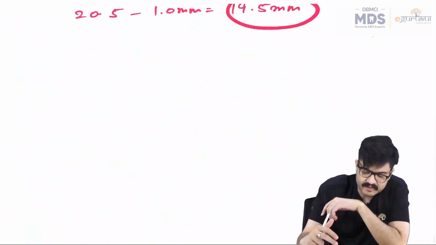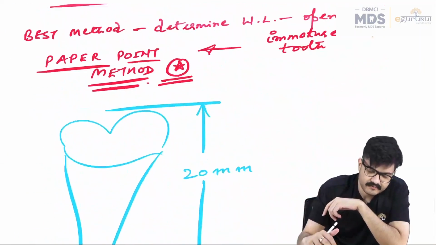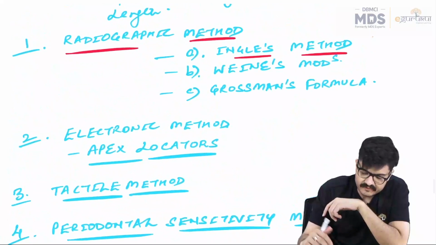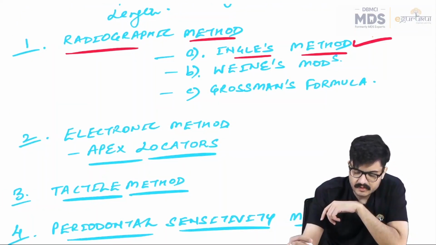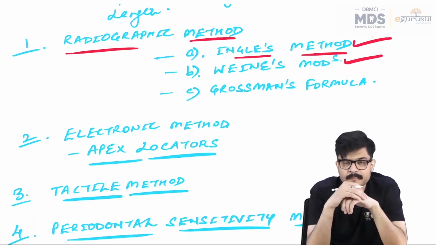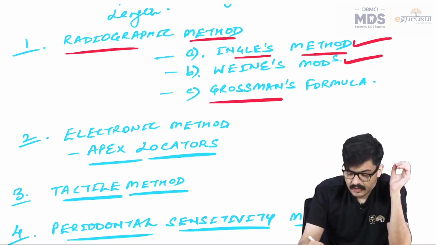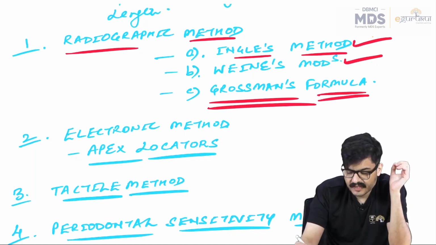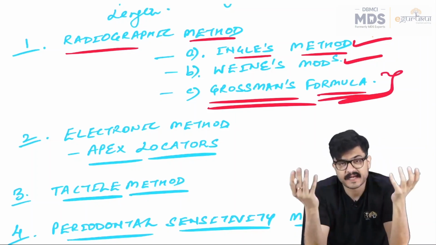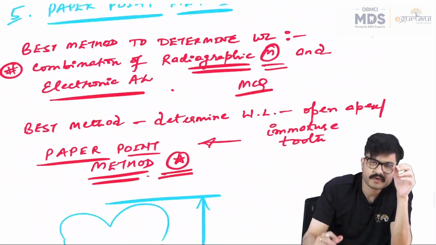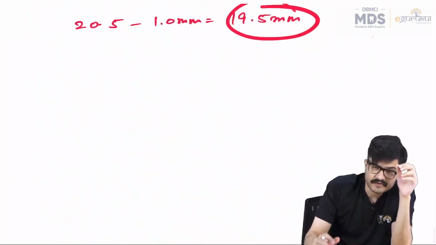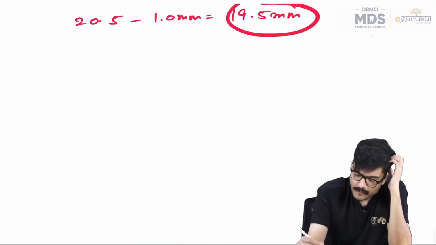The second method is the Wien's method, which we have already discussed, friends. So Ingle's method is done. Wien's method we've done. Then we have the Grossman's formula. Again, very interesting. First of all, we'll see the formula and then I'll tell you the logic behind it. Grossman's formula is based on ratios. And friends, ratios never lie. I'll tell you how.